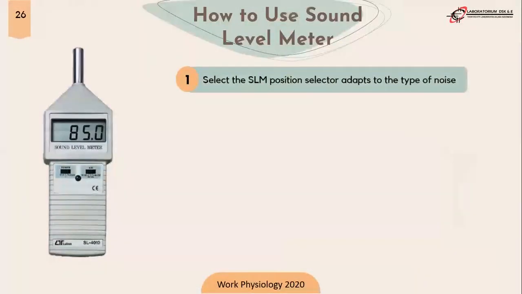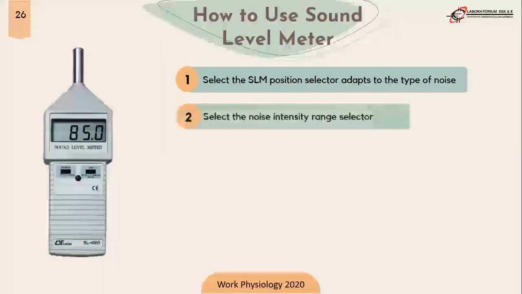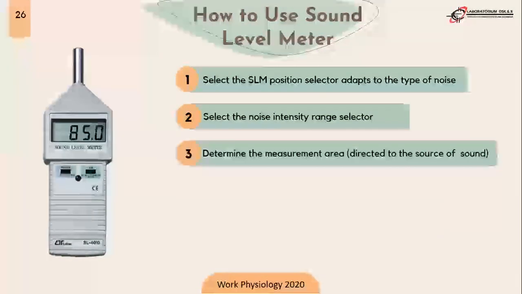Okay, we will move to how to use a sound detector, namely the sound level meter. First, select the sound level meter position selector to adapt to the type of noise. Second, select the noise intensity range selector and then determine the measurement area directed to the source of sound.